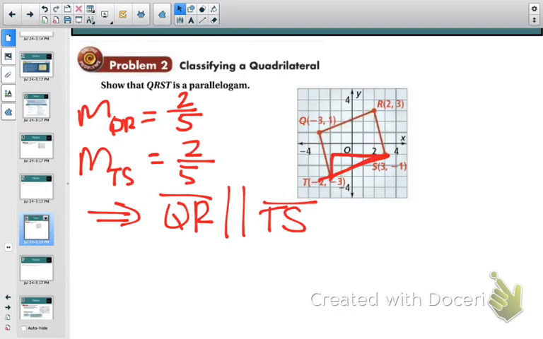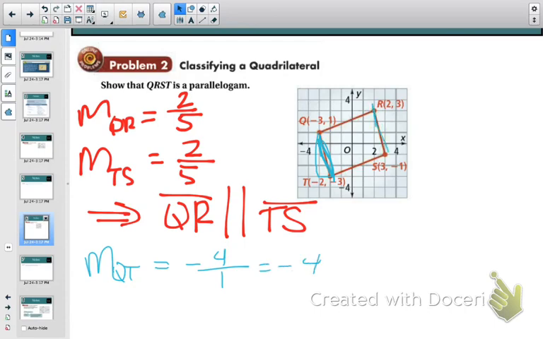Okay, so that tells us one pair of opposite sides are parallel. Now I need to show that the other side is also parallel. So now I can do from Q to T like this. So the slope of QT is, I need to go down 1, 2, 3, 4. Go down 4. So negative 4, run 1. So down 4 over 1, which is just negative 4.